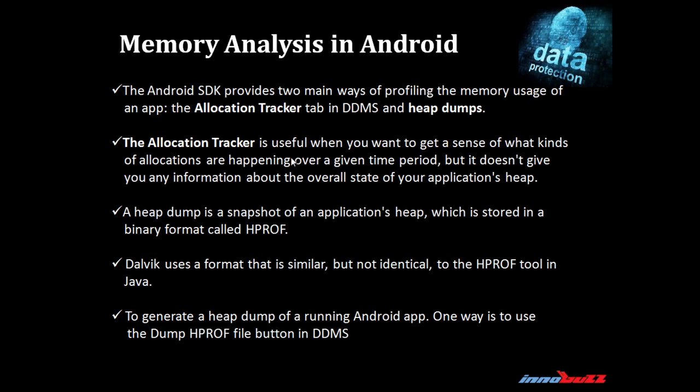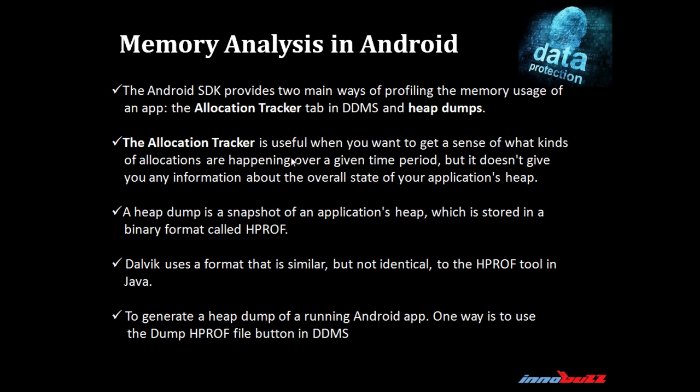Let us now delve into memory analysis in Android. The Android SDK provides two main ways of profiling the memory usage of an application: the Allocation Tracker tab in DDMS and heap dumps. The Allocation Tracker is useful when you want to get a sense of what kinds of allocations are happening over a given time period, but it does not give you any information about the overall state of your application's heap.